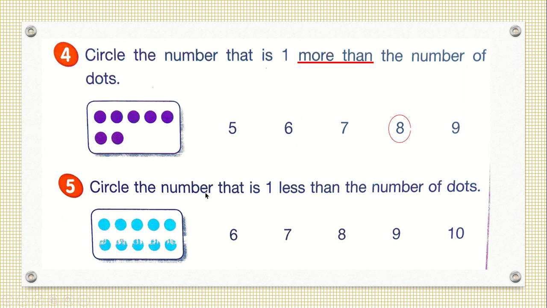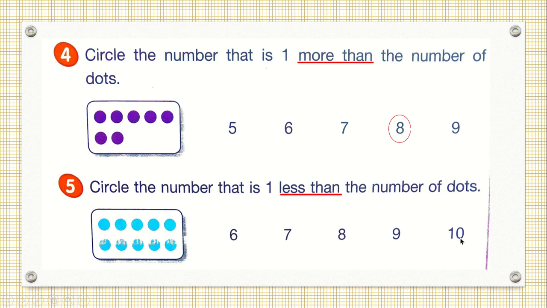Number 5. Circle the number that is one less than the dots. Okay? One less than the number of dots. How many dots do we have? Let's check. 1, 2, 3, 4, 5, 6, 7, 8, 9, 10. We have 10.